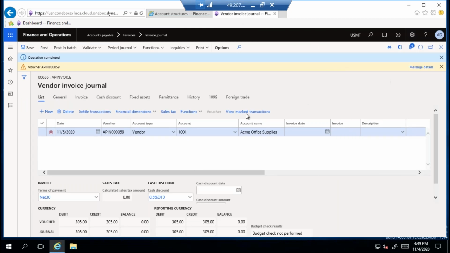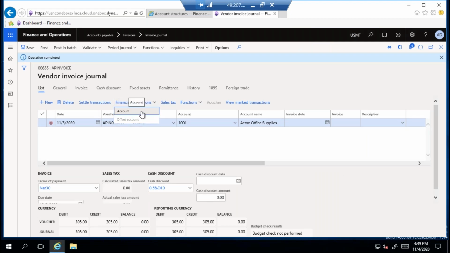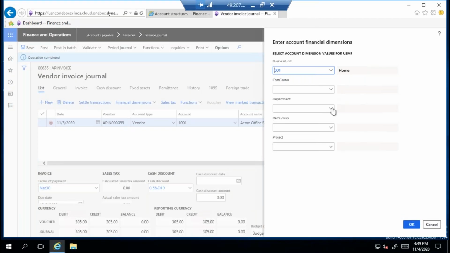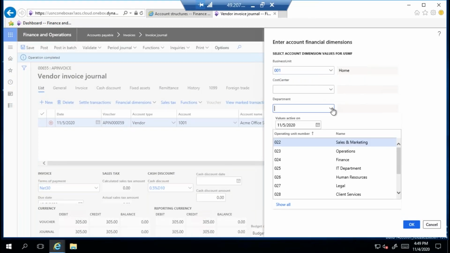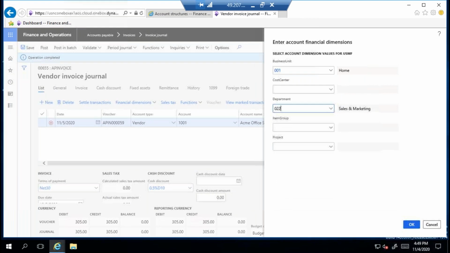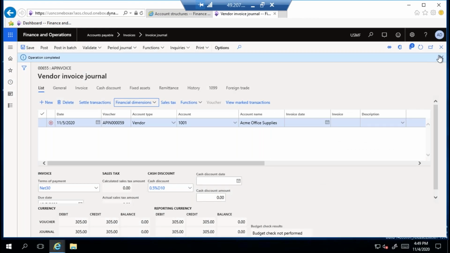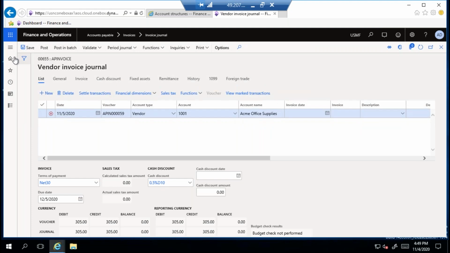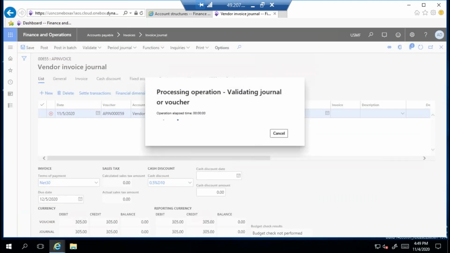Now I need to map department also here. As per the accounting structure, department is mandatory. I made it. So now save. Now let me validate and show you what is coming in the messages.